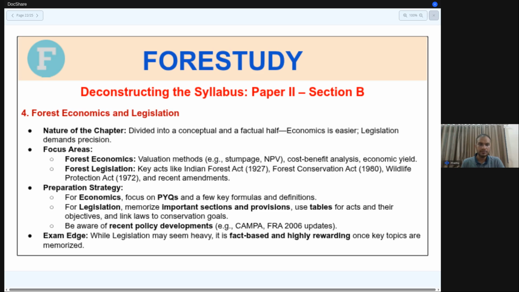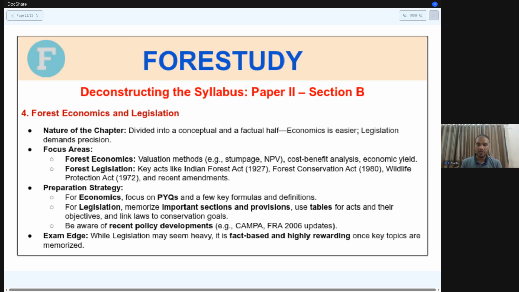However, forest legislation is a very important chapter, because as forest officers we will be dealing with these acts and forest policies. So prepare the important acts like the Forest Act, Forest Conservation Act, and Wildlife Protection Act well, and if possible, remember the sections.